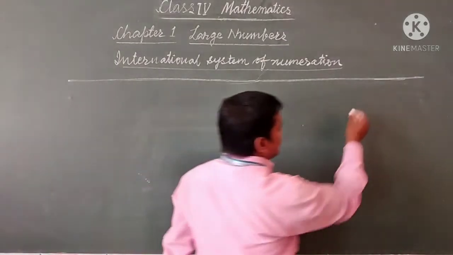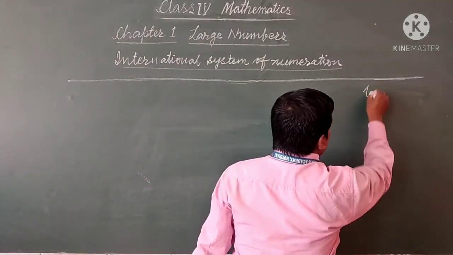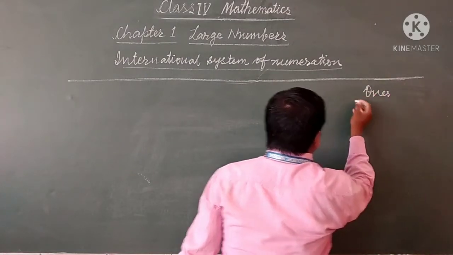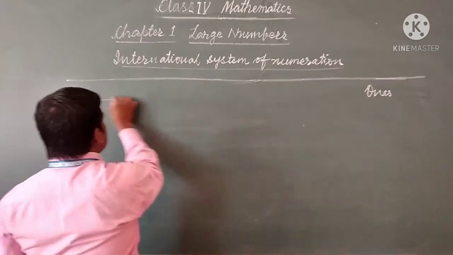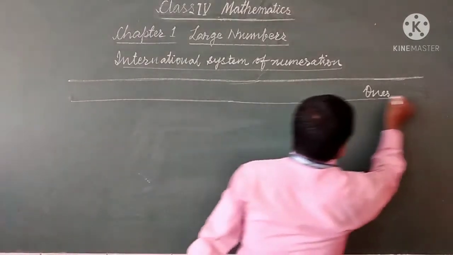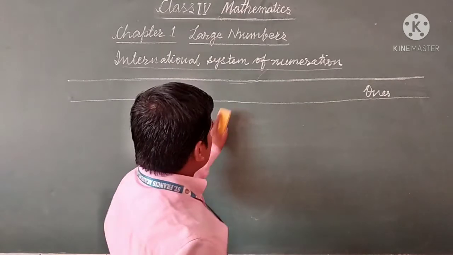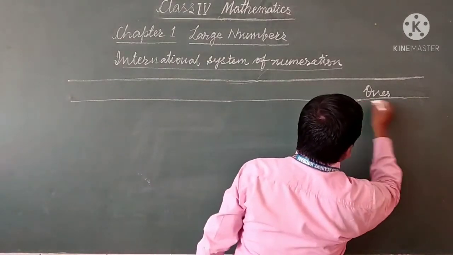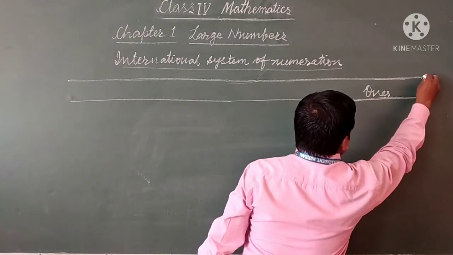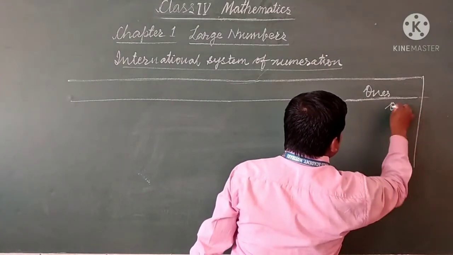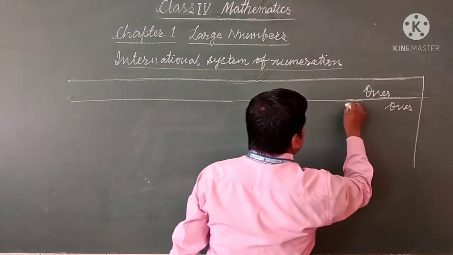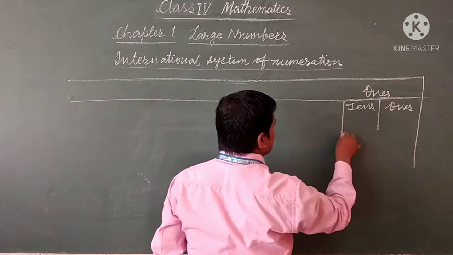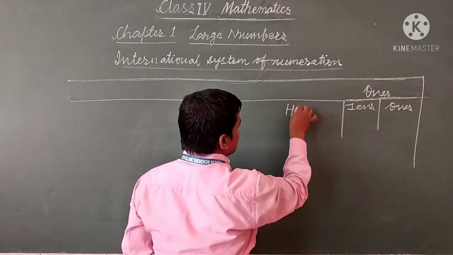In this we have periods. Ones period: in ones period we have 3 places: ones place, tens place, hundreds place.